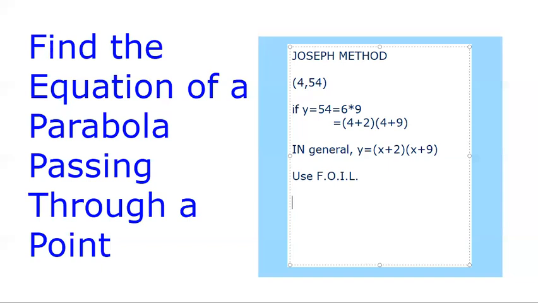Okay, so then we'll say y is equal to x squared plus 2x and 9x, which is the outside and the inside products, will be 11x, plus the last terms is going to be 2 times 9, which is 18.